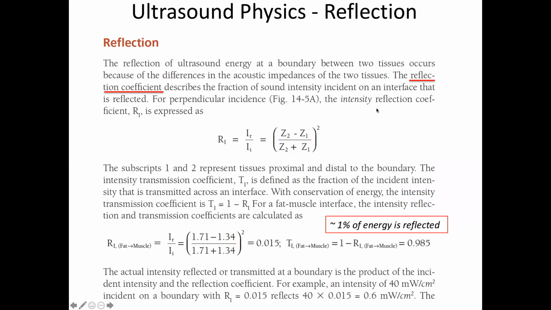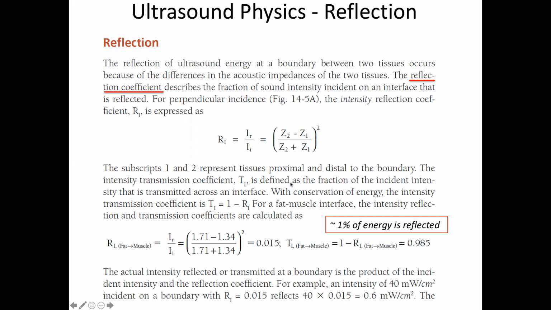So it's the square of the amplitude, the intensity. Here's the formula for how much energy gets reflected: if the incident wave is in medium 1 going into medium 2, it's the difference between those two impedances over their sum, right?